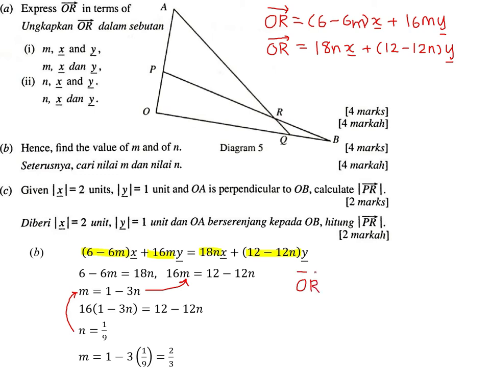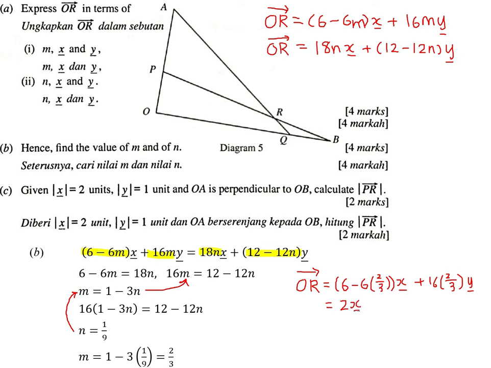If we substitute the value back, OR is equal to (6 minus 6m), right? So let us see. 6 minus 6m, m is 2 over 3, vector x plus 16 times 2 over 3 y. So 6 minus 4 will give us 2x, right?